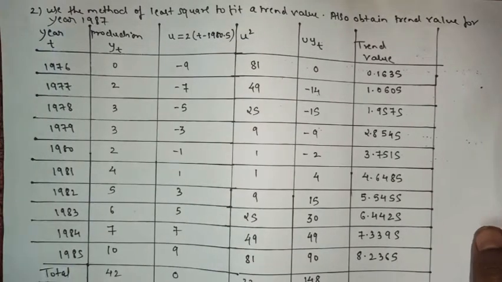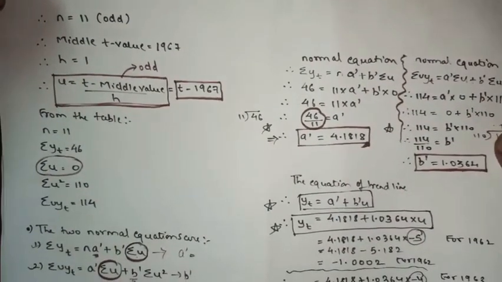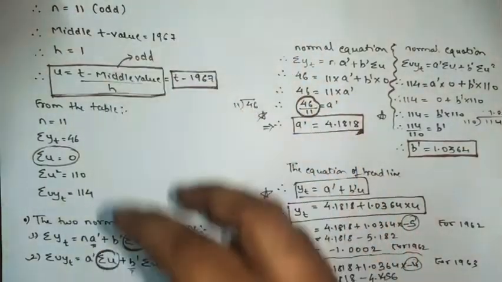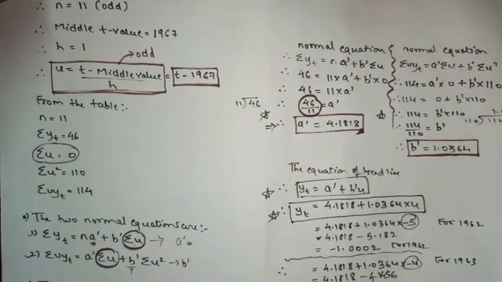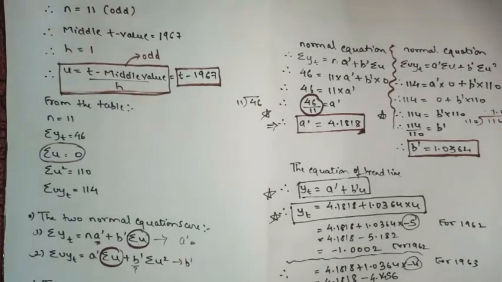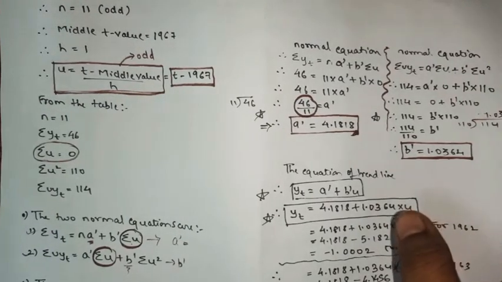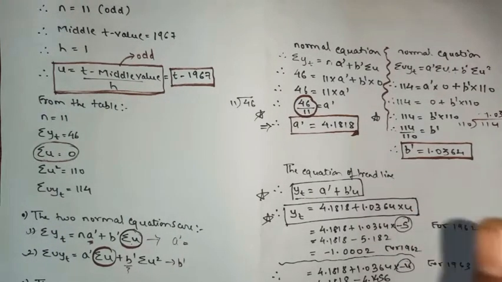Just now we saw how to find the answer for odd, and for even I have explained that there is no change actually. The solving part for even and odd is the same.